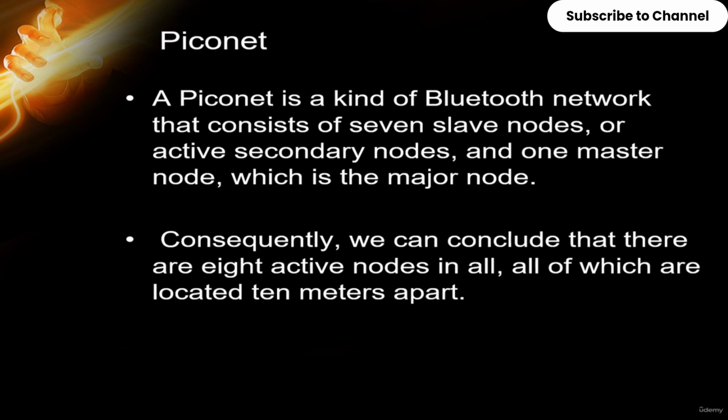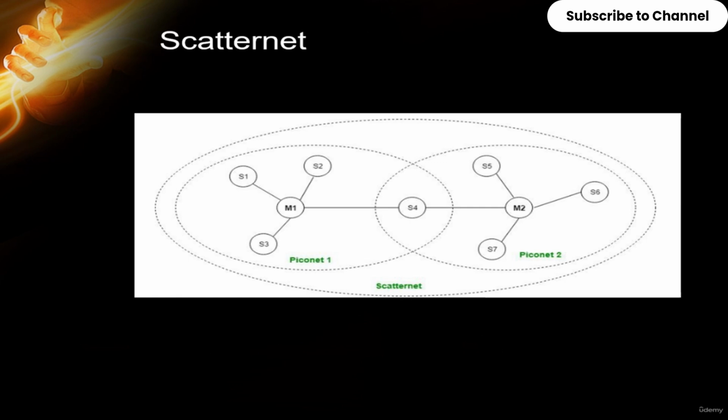So they can have eight active nodes in total, all acting within a 10 meter range. If you look further at the piconet, it also provides one-to-one or one-to-many communication between primary and secondary nodes. Slave-to-slave communication is impossible.